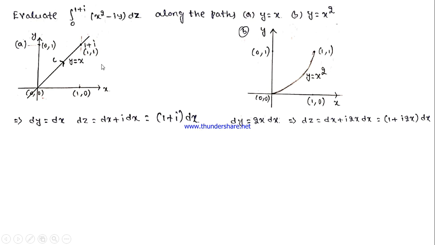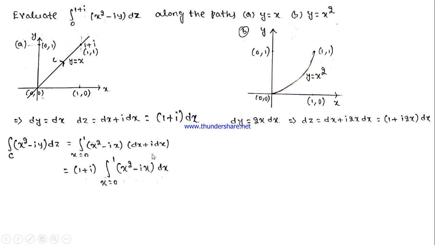Next example, it's x square minus iy dz along the same paths, y is equal to x and y equal to x square. I have considered a different integrand but with the same paths and same points. So if I put y is equal to x in it, and on integration, I will end up with this answer, 5 minus i by 6.